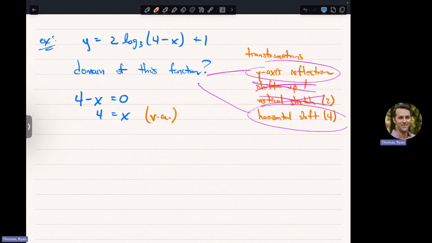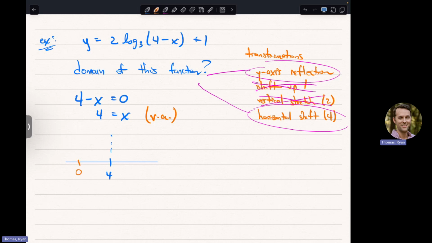So what I need to know is, is it over here, like 4 to infinity, or is it over here, like negative infinity to 4? Negative infinity to 4, okay. We could get that from the fact that there was a reflection across the y-axis, right? So it's facing the other way. If we're not as comfortable with that part, I could just do the old inequality thing and say, hey, here's 4, here's a vertical asymptote.